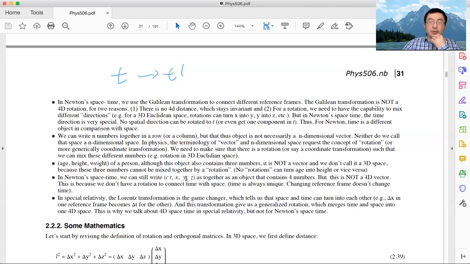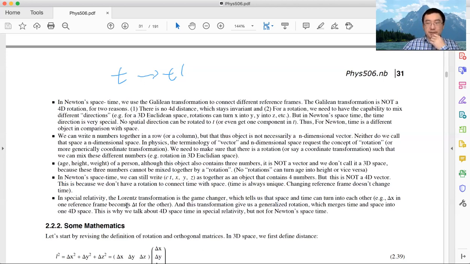Without a rotation, it cannot be called a vector. You write three numbers down, it's three numbers, but we can't rotate them into one another. But suppose one day we discovered some physics law that allows us to do a transformation between these three quantities, then it would become a vector, and we would call it a three-dimensional space.